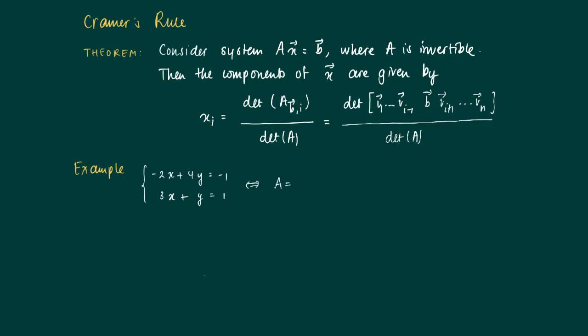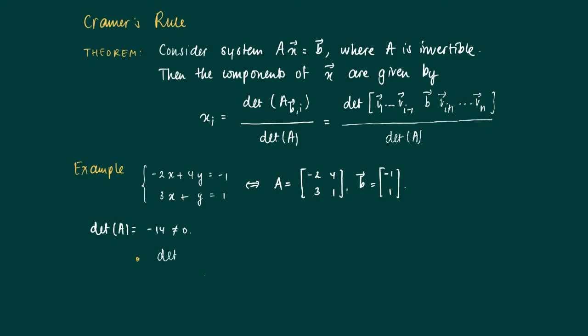A equaling (-2, 4; 3, 1), and the vector b is given by (-1, 1). First check that the determinant of A is -14, so that A is invertible.